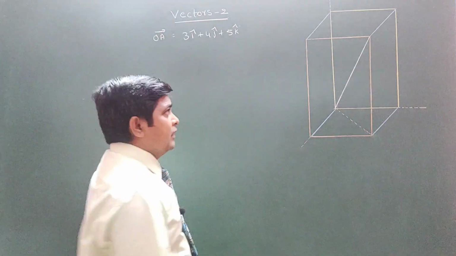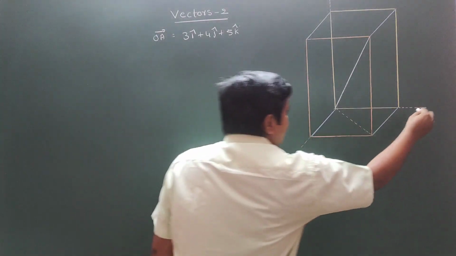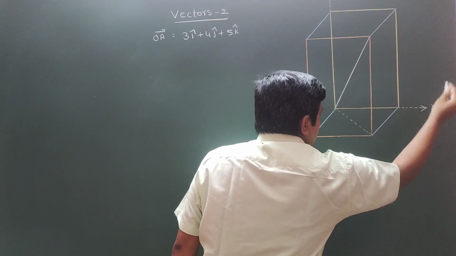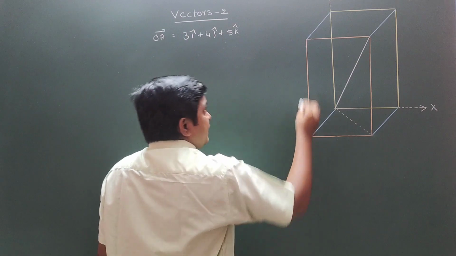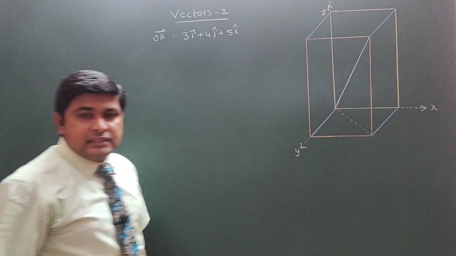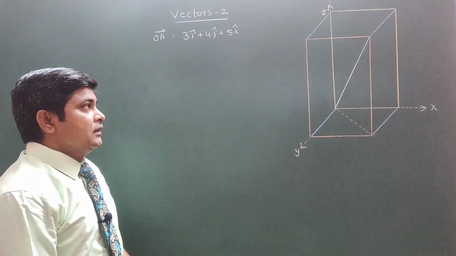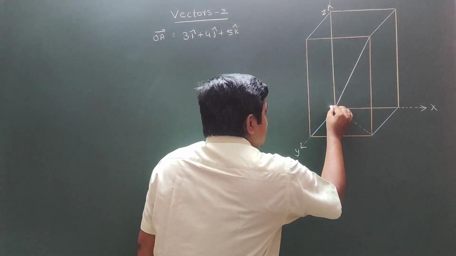Observe the diagram carefully. In this 3D vector, I am taking this one as the x coordinate, this I am going to take as y, and this I am going to take as z. Now here, what is the origin?